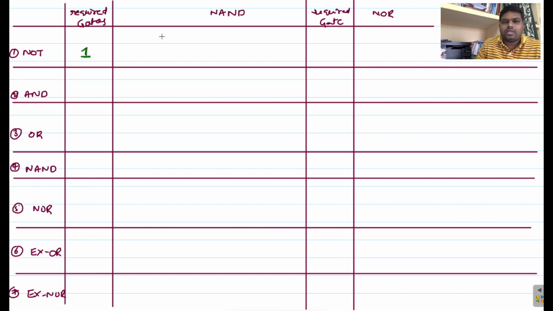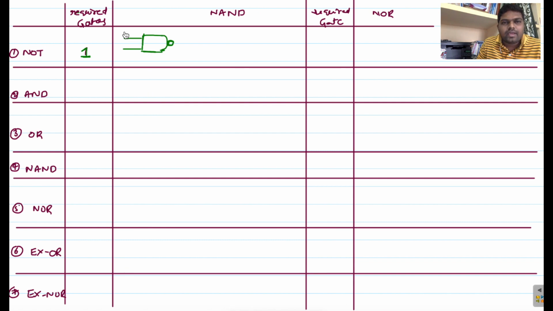This is our NAND gate. Here we have two inputs. NOT gate means it performs the inverted operation, right?